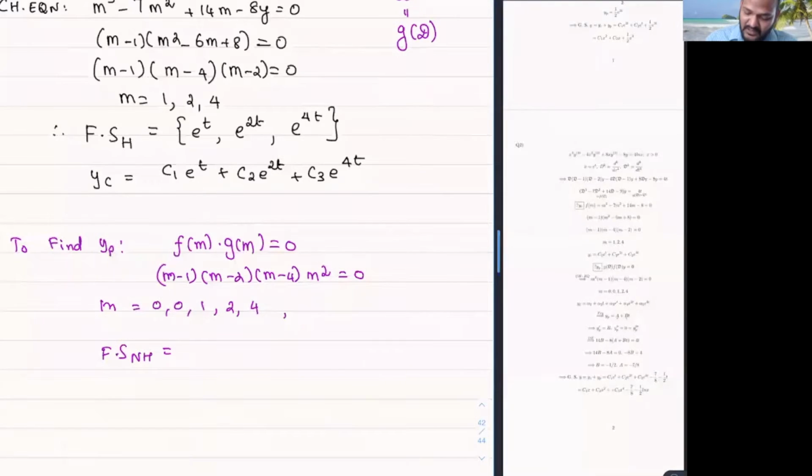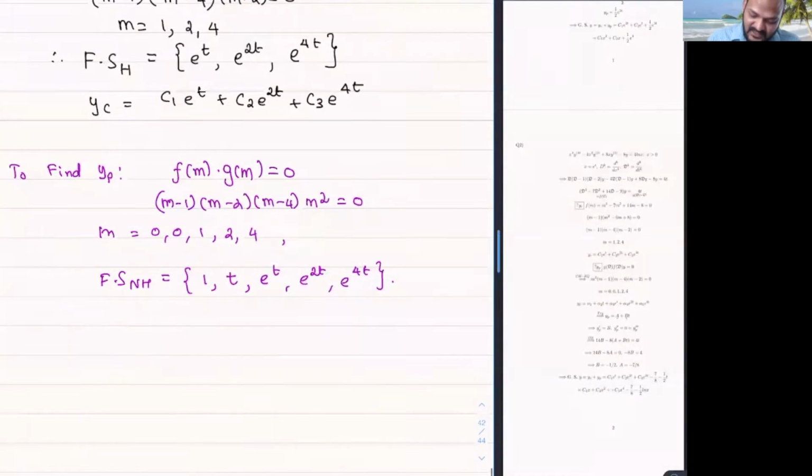That would be a constant, and t, because it's 1 times e to the 0, t times e to the 0, and then e to the t, e to the 2t, and e to the 4t.